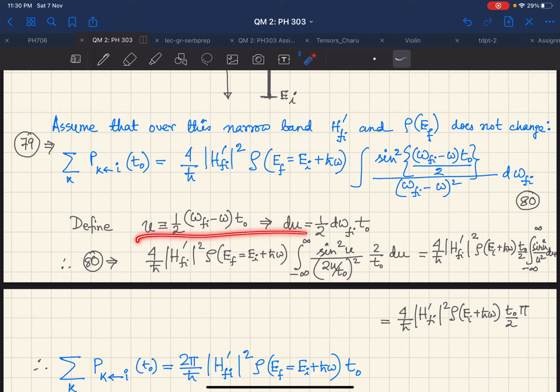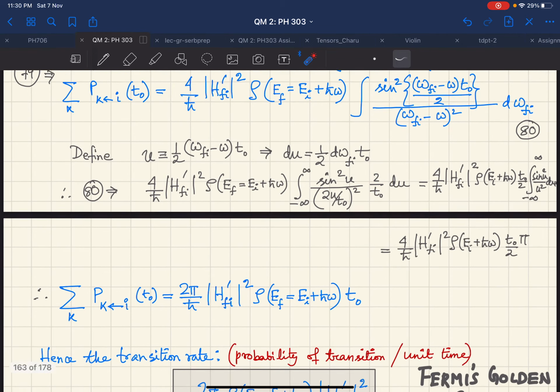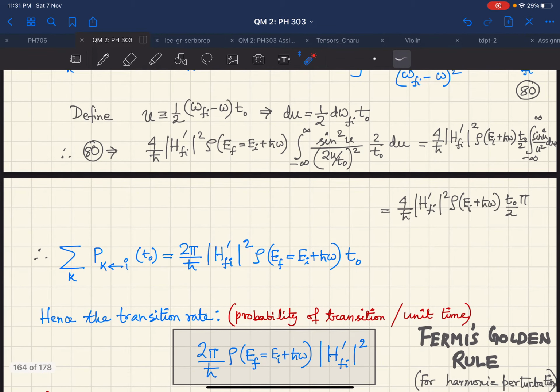And because of this change of variables, there will be these factors of 4 by t naught square here, 2 by t naught here, and everything taken care of, you get this result: if you do the sum over the final states, the result that you obtain is 2 pi by h bar, H prime fi mod square.